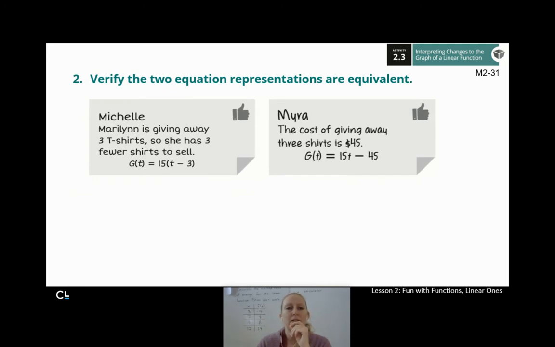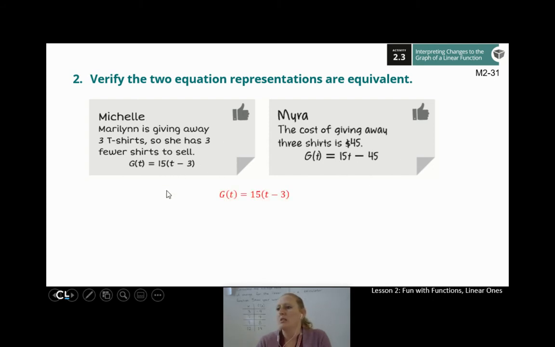They're both right. Why? Can you show me why they're both correct? Go ahead and hit pause, do a little bit of work here, and then hit play when you're ready to check your work. So I did a little bit of work here. Michelle's has parentheses and Myra's doesn't.